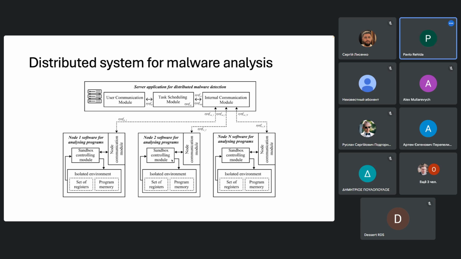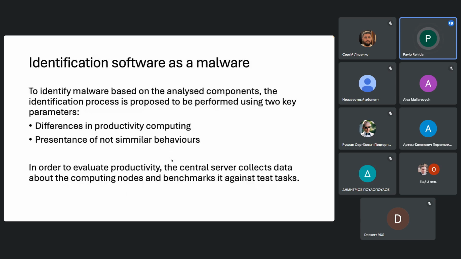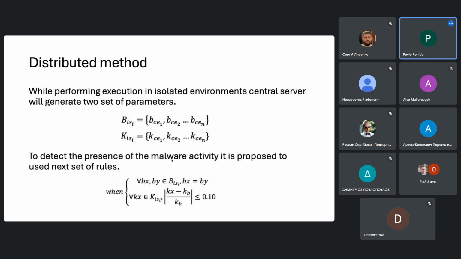The system structure is illustrated on this slide. To identify malware based on analysis components, the identification process is proposed to use two key parameters: a difference in computing productivity and the presence of non-similar behaviors. To evaluate productivity, the central server collects data about the computing nodes and benchmarks them against test tasks.